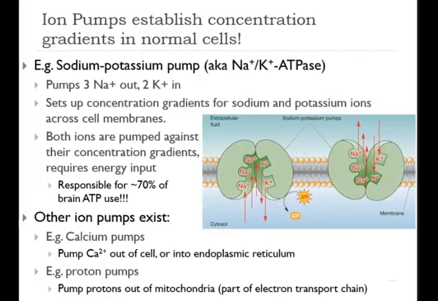Finally, I forgot to put a picture up. So again, here's a picture of the sodium-potassium ATPase, the sodium-potassium pump. In this case, it's taking sodium from inside the cell, and it's taking potassium from outside the cell, and basically it just switches conformations. Each cycle, it starts open to the inside of the cell, at which point it grabs sodium and releases potassium, and then it changes conformation such that now it's open to the outside of the cell.